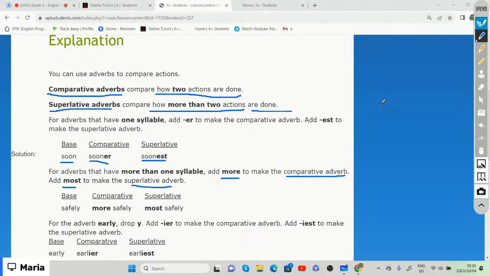No. We're going to say safely, more safely, which shows we are comparing two actions, and then most safely to show that we are comparing more than two actions. So most safely shows that we are comparing more than two actions that are taking place.